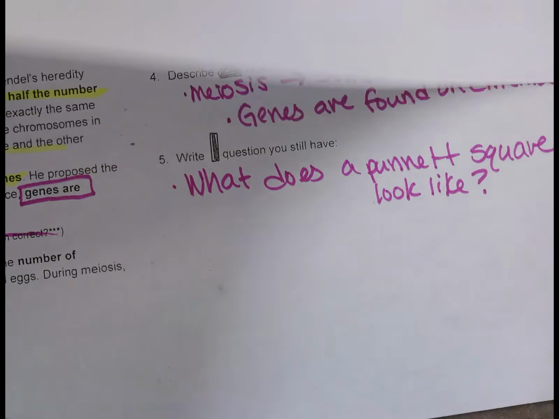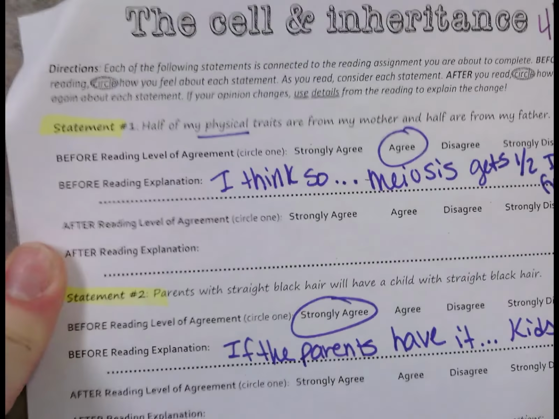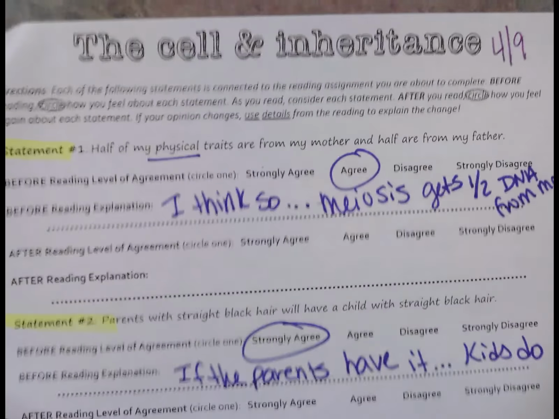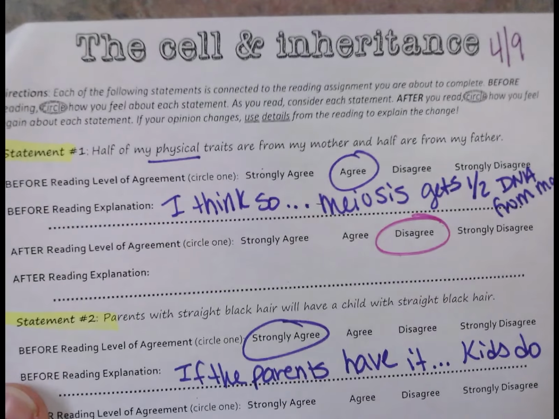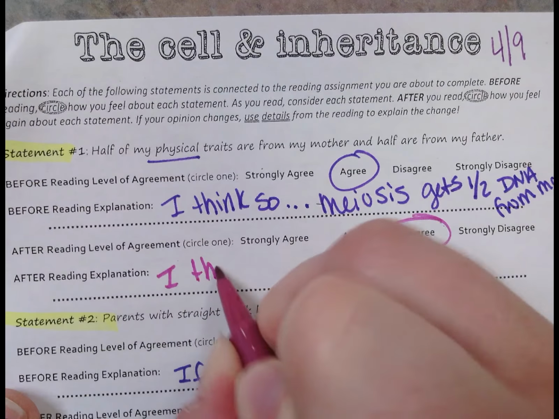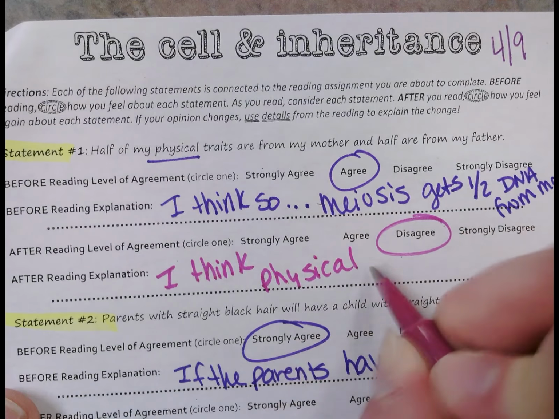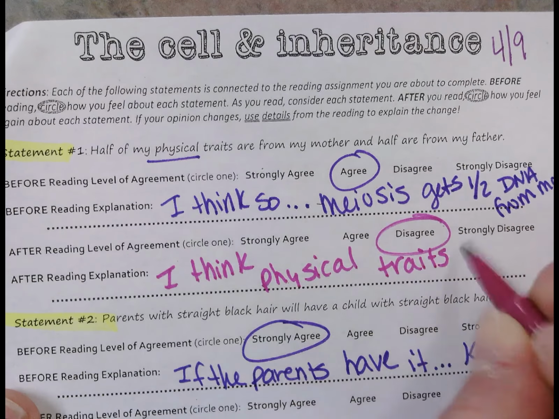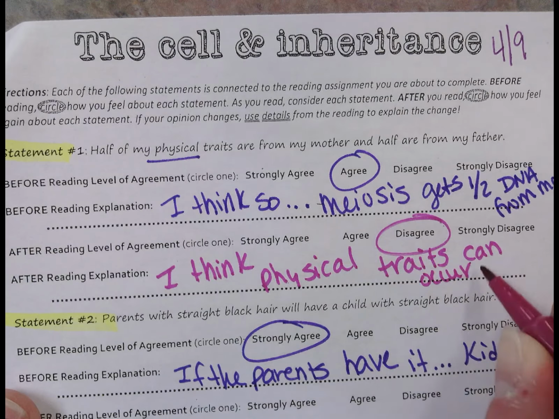So back to the after readings. So we look back at this. Half of my physical traits come from my mother, half are from my father. Yours might differ a little bit. I'm going to put disagree. I think physical traits can, I don't know, occur randomly.